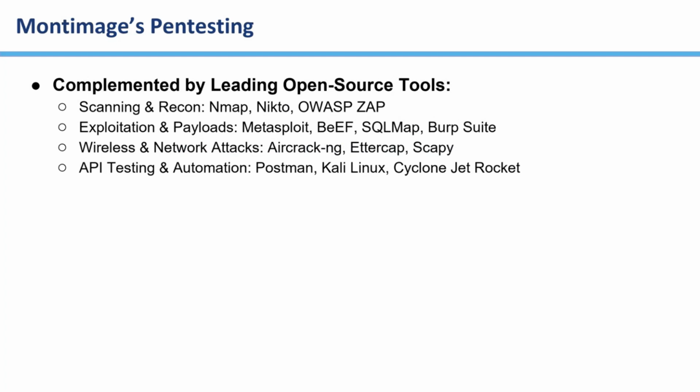This MMT attacker is complemented by open source tools, which include scanning and recon of networks, exploitation and payload type attacks, wireless and network attacks, and API testing and automation, using different well-known open source tools.